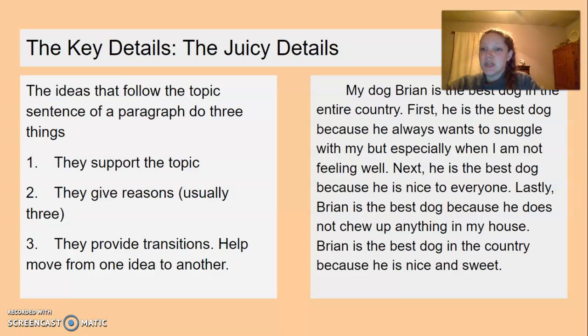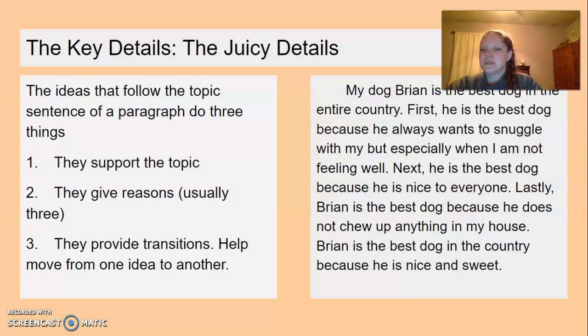So then my third key detail, my third supporting detail, because we need three, I use the transition word lastly so that the reader knows that this is my last key detail. Lastly, Brian is the best dog because he does not chew up anything in my house.